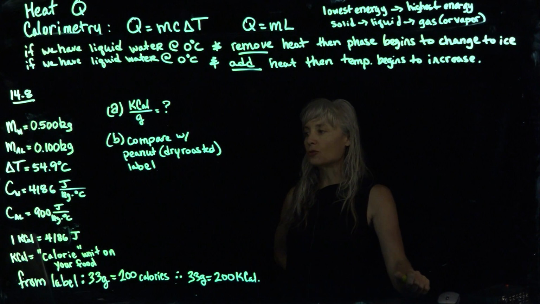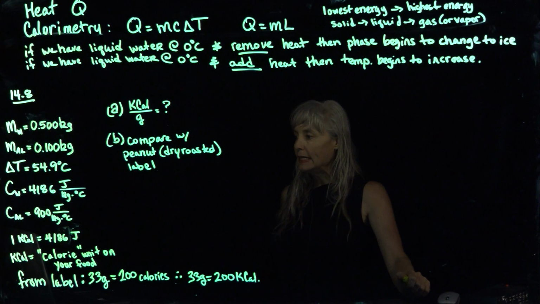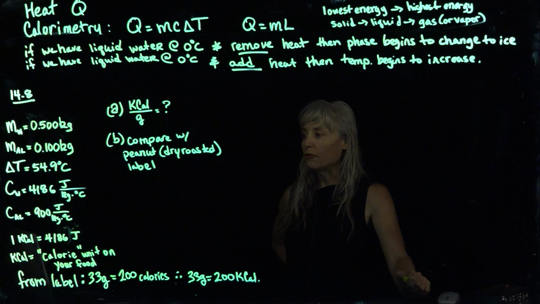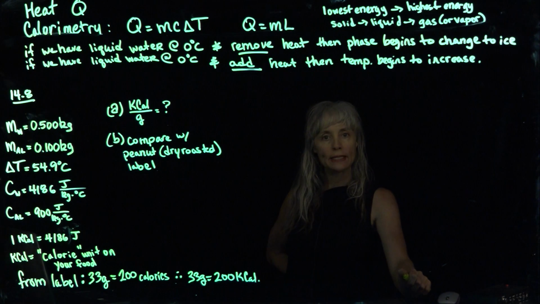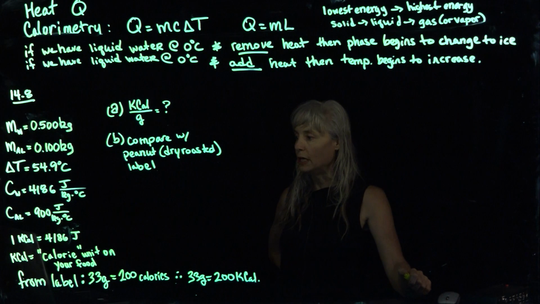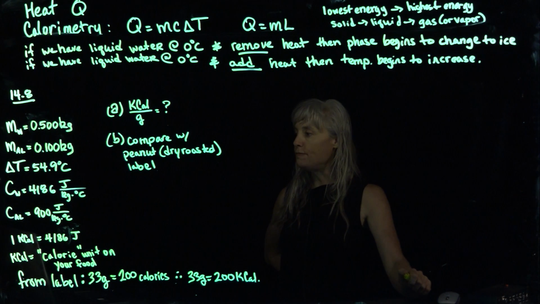How many kilocalories per gram are there in a 5.00 gram peanut if the energy burning from it is transferred to 0.500 kilograms of water held in a 0.100 kilogram aluminum cup, causing a temperature change of 54.9 degrees C?